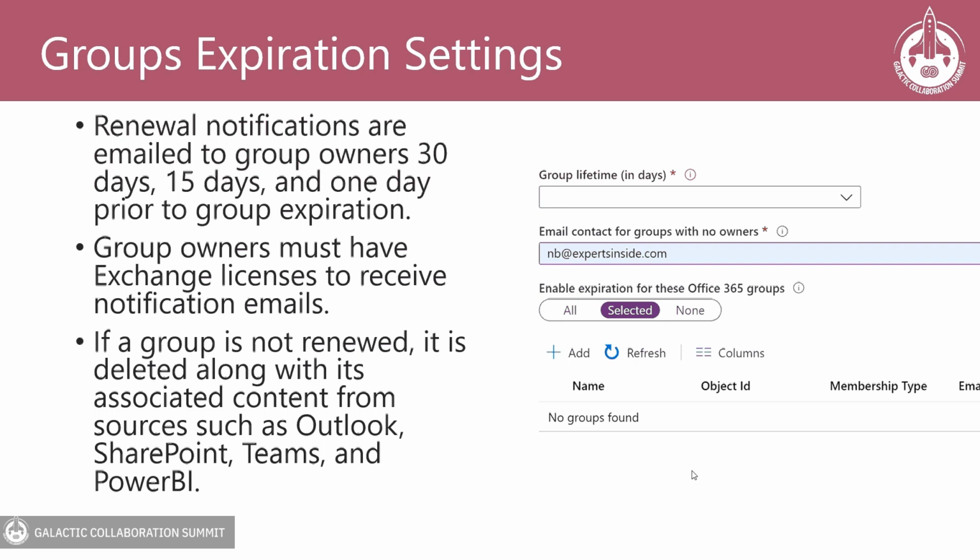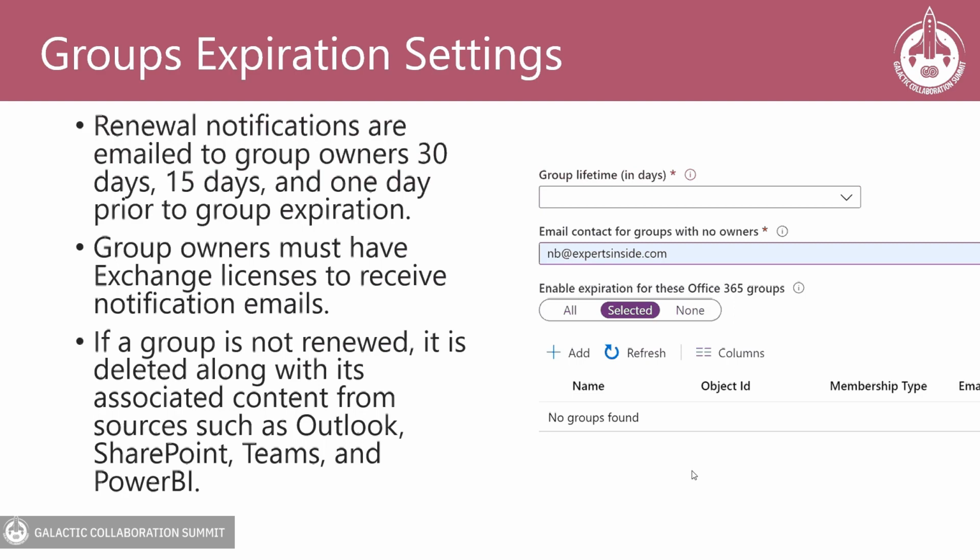And we can also configure to which person the renewal notification should go if there is no owner for the group. That can happen if the owner of a group is leaving the company and the account is deleted, or in scenarios similar to this. And if a group is not renewed, then the group is soft deleted and finally deleted. If it is soft deleted, an administrator can reactivate the group in this status.